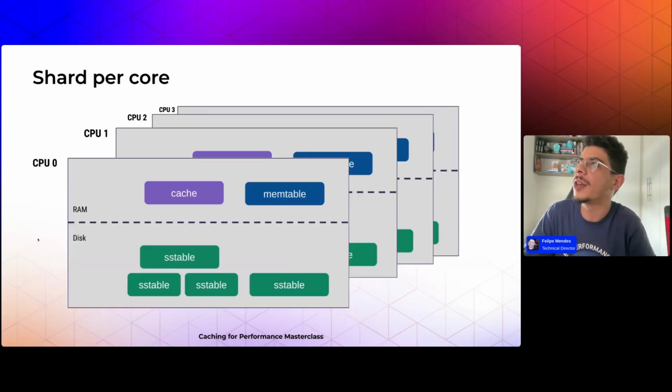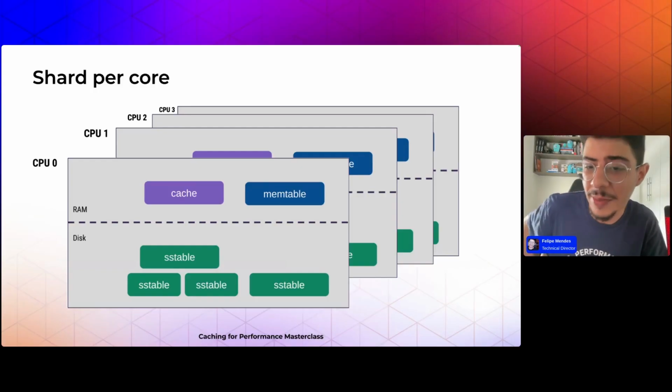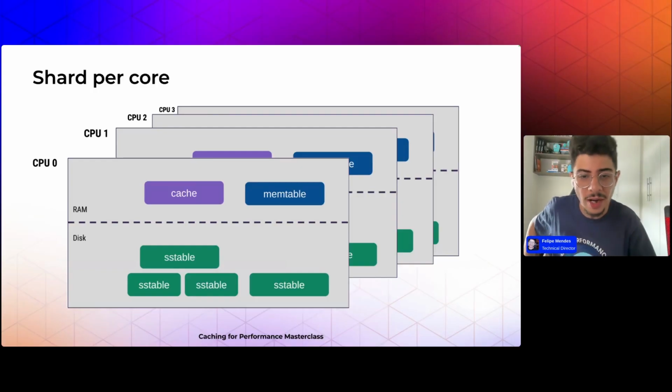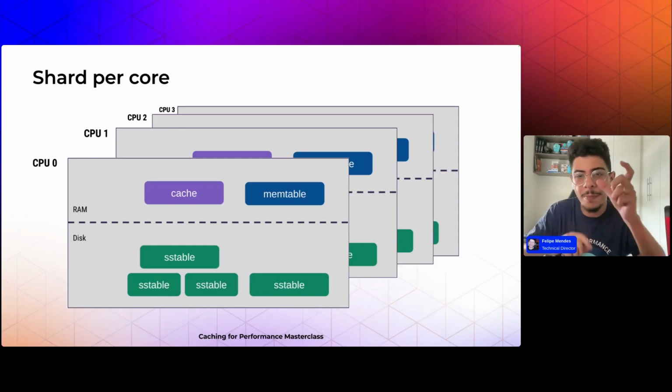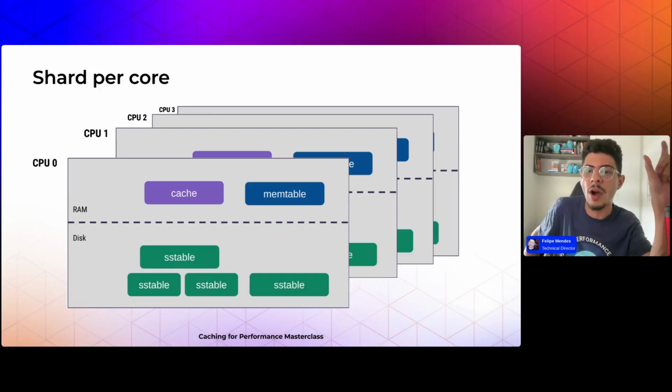So in reality, when you look at the diagram in the previous slide, because of ScyllaDB's shard per core architecture, this is how you should actually imagine the previous diagram. Our shard per core architecture basically ensures that each CPU gets its own dedicated pool of resources.